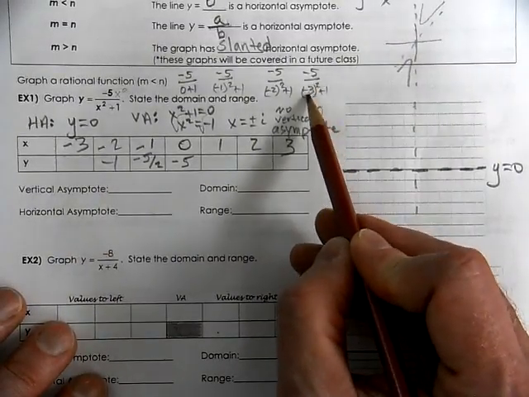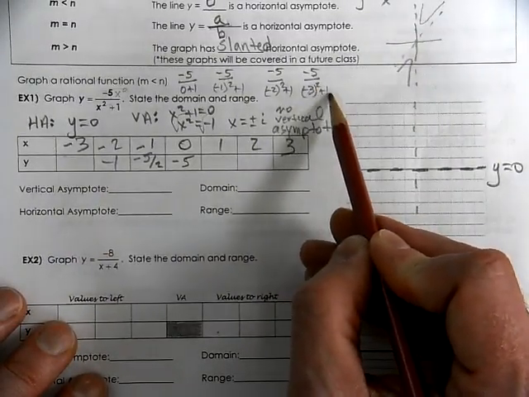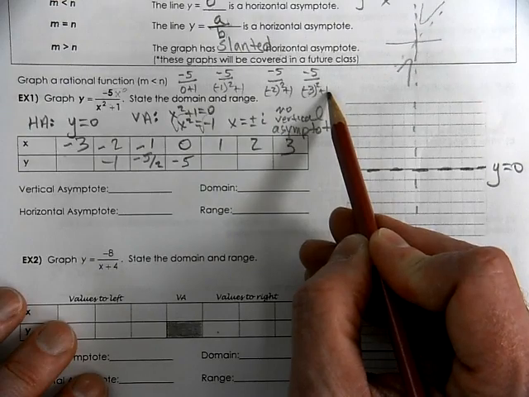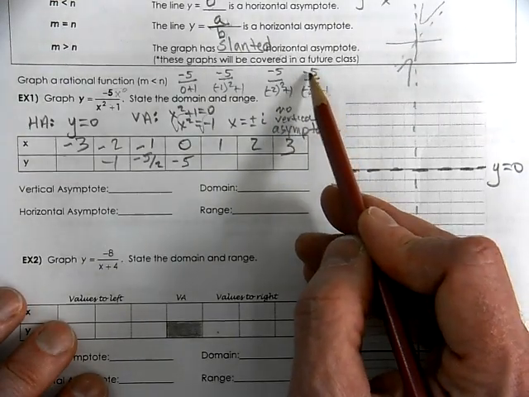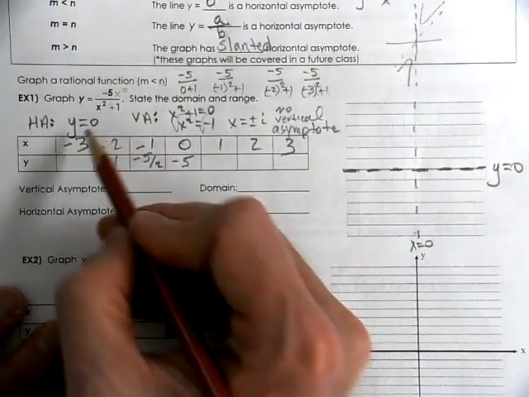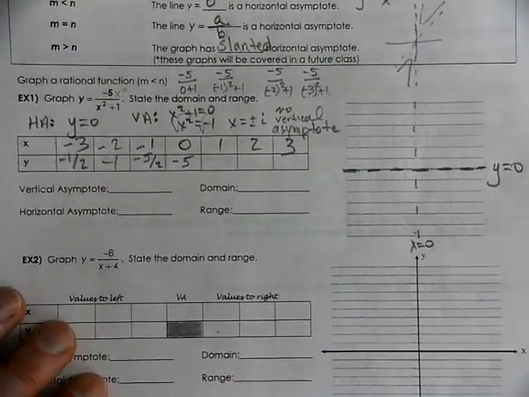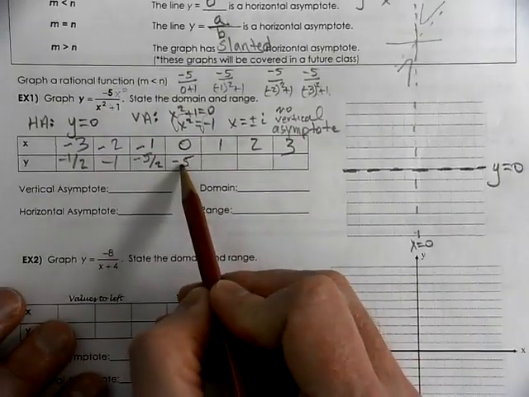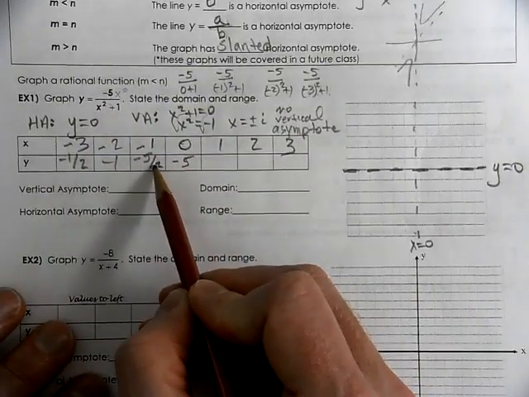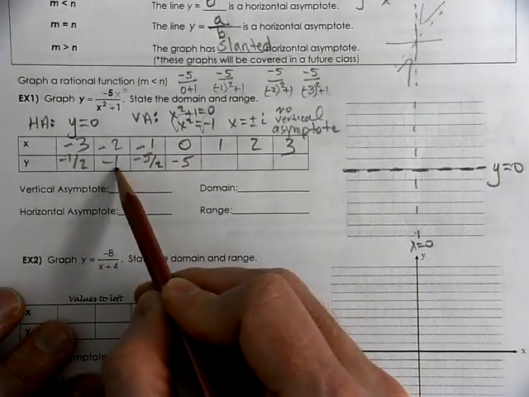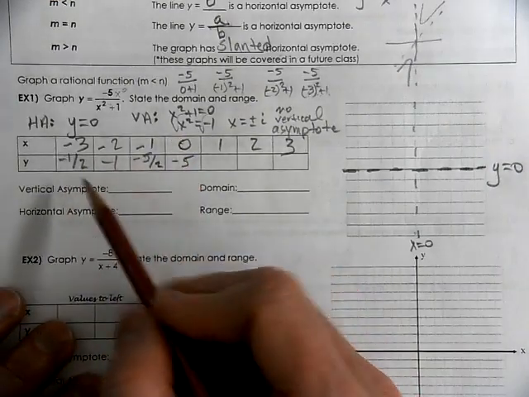That's 9. Plus 1 is 10. So negative 5 over 10, negative 1/2. And if you notice, we're at negative 5, then we do half of that, then half of that, and half of that. We're getting smaller every time.